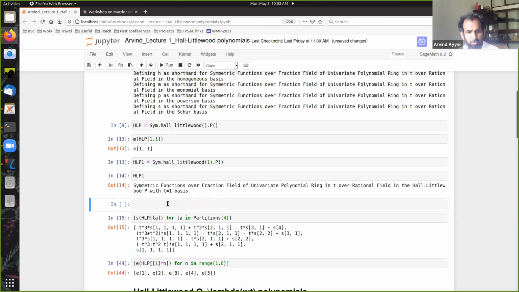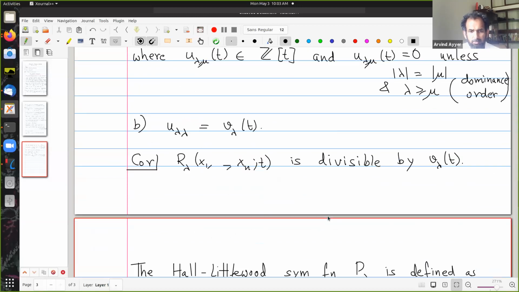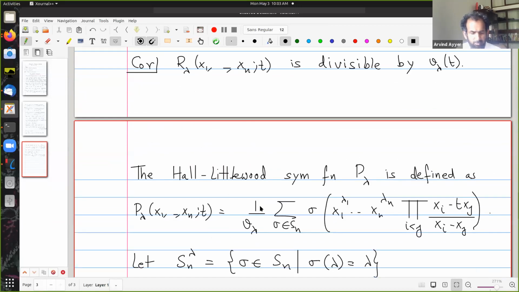Just to show you, let's list partitions of 4. The first one is the partition 4, the second is 3,1. You can see the coefficients are always going to be 1. And this is because we have divided R lambda by V lambda.